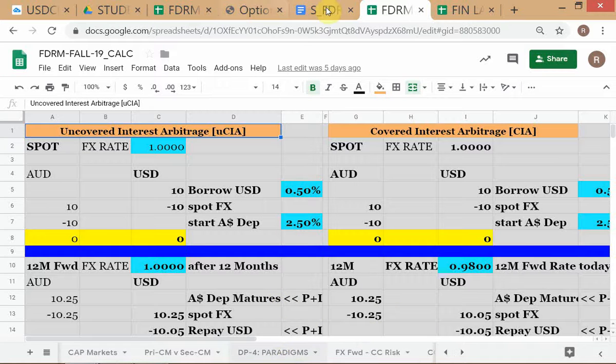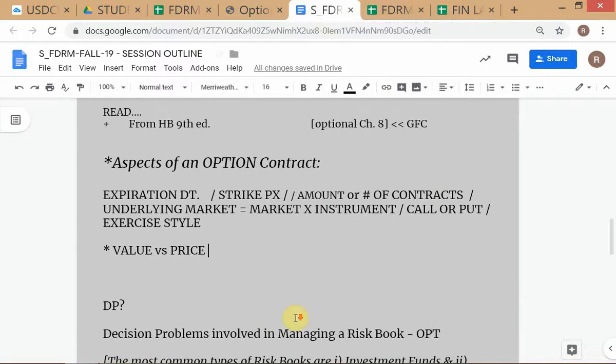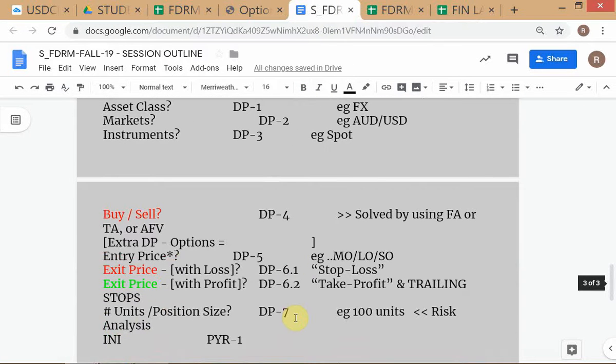Now remember when we were talking about decision problems? We went through many of them. We said that asset class, market and instrument are decision problems, but these are normally solved by the investor. You can see how in this particular project, once again, I'm tying your hands. I'm not allowing you to trade crude oil futures and stuff like that.